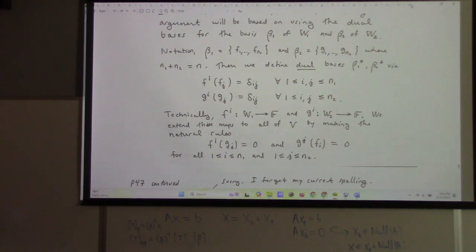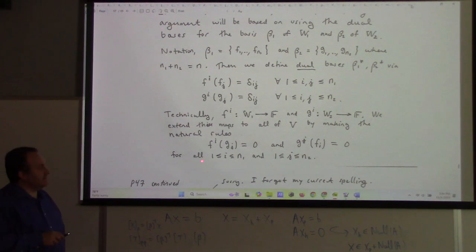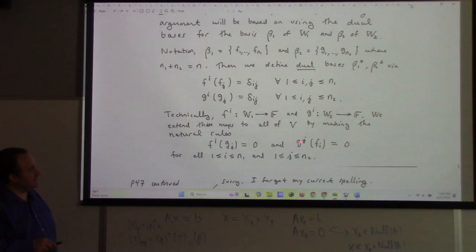So I define extending the dual bases like this. The rules are simply that Fi acting on a Gj is 0 and Gj acting on an Fi is 0. So the dual bases here are non-zero only if they're acting on their own kind.